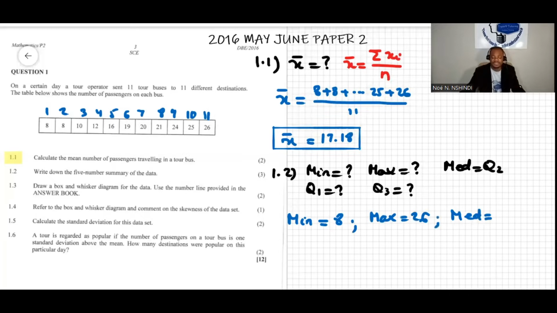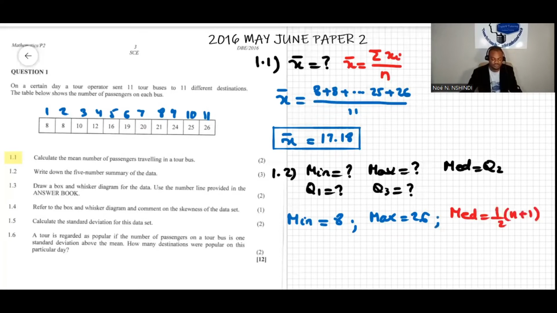The median we need to determine. We have a formula that determines the position of the median. It tells us where the median is located, not the median itself. I always write the formula in red. We know that the position of the median is a half times n plus 1, okay?